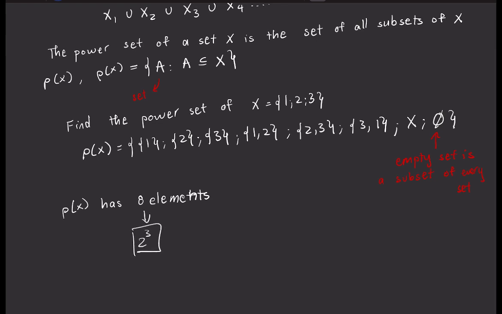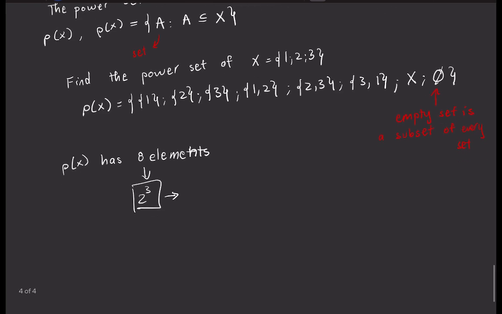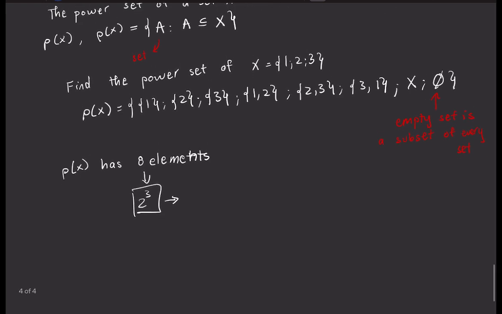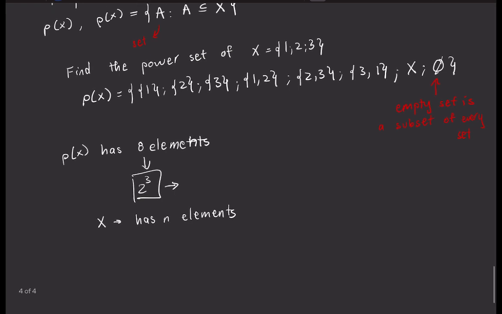We can prove that for every set X that has n elements, X has 2 to the power of n subsets, which means the power set rho X has 2^n elements.